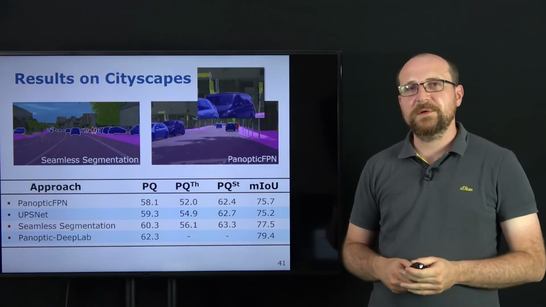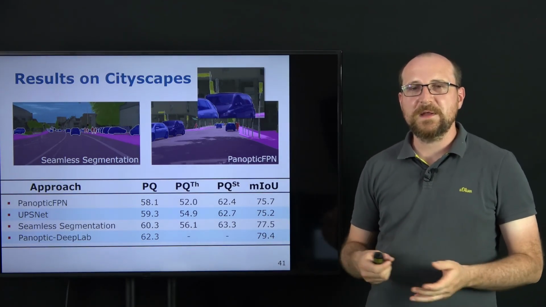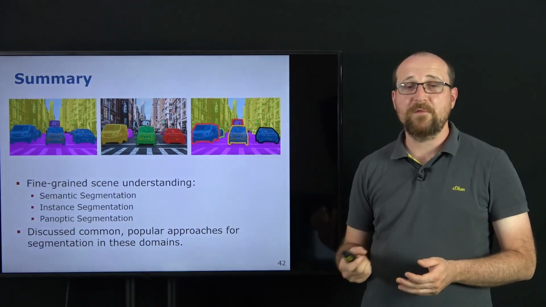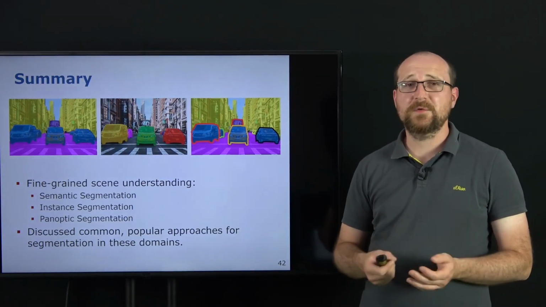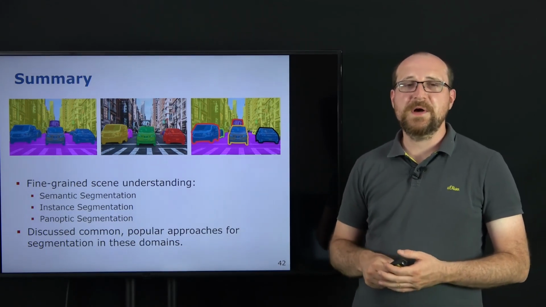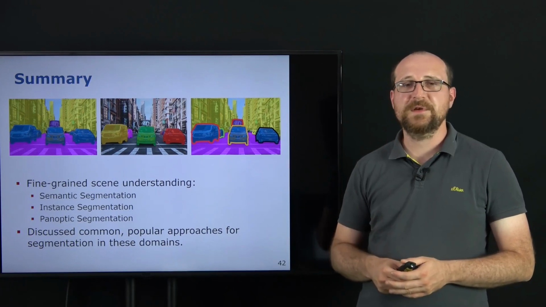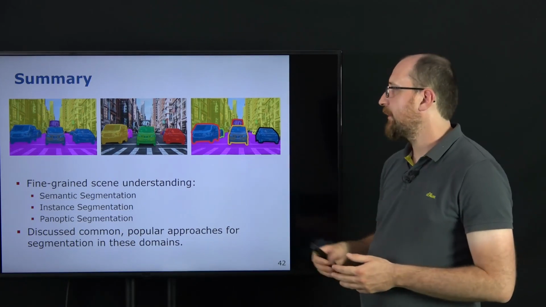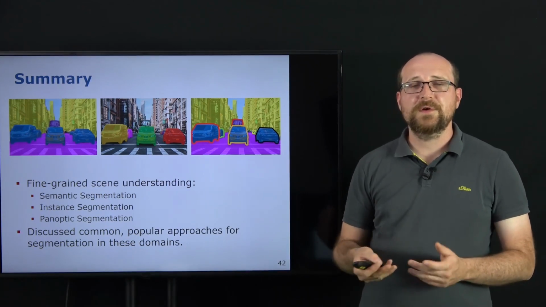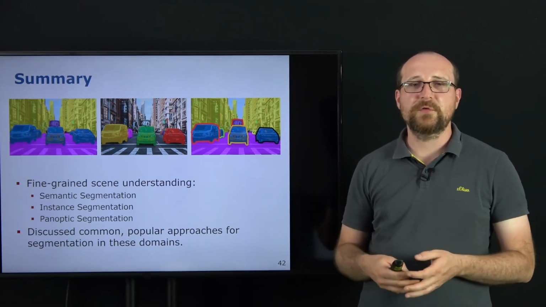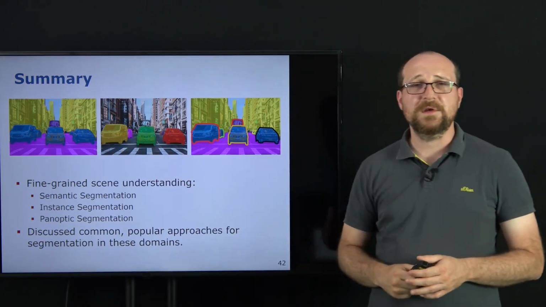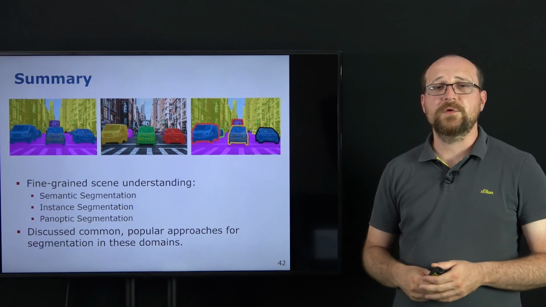And with this, I'm already at the end. So in this lecture, we discussed more fine-grained scene understanding, where we want to produce pixel-wise instance segmentation masks, but also semantic segmentation masks, which ends in the so-called panoptic segmentation, which basically unifies both of these: the semantic segmentation but also instance segmentation in one single output, so to say.